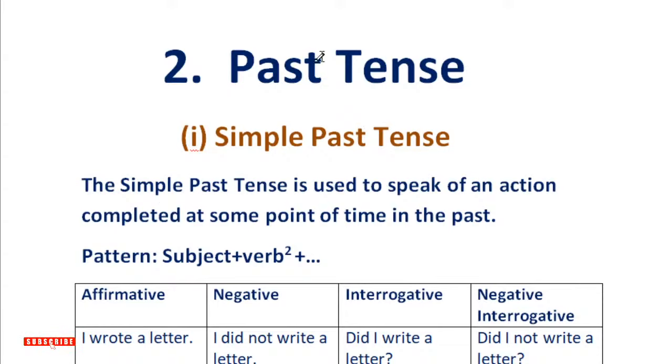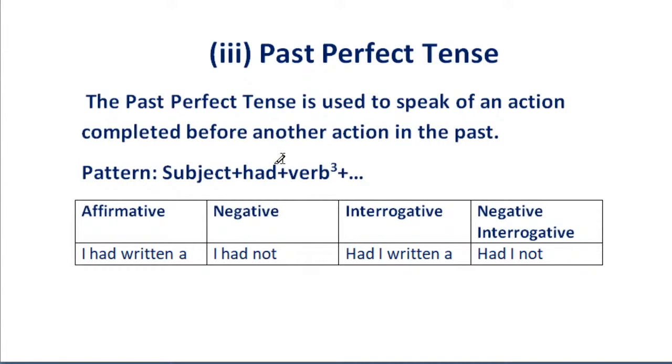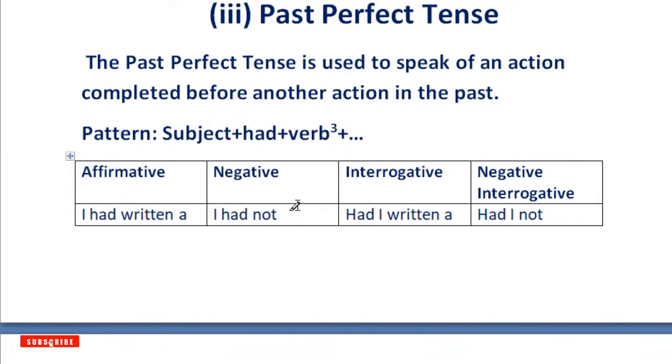We have seen its examples and uses also. Here I will go for past continuous tense. So we have read this past continuous tense also. Now we must go for past perfect tense. Past perfect tense also we have gone through. We have already gone through past perfect tense.